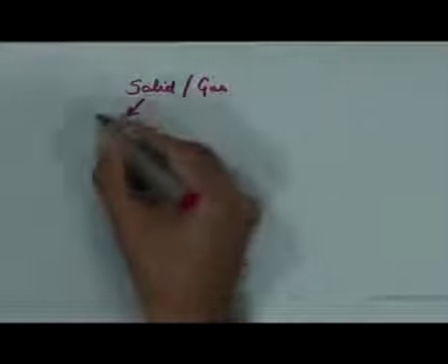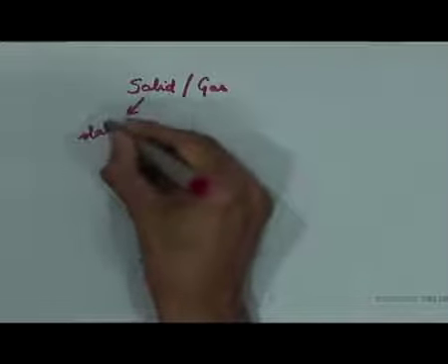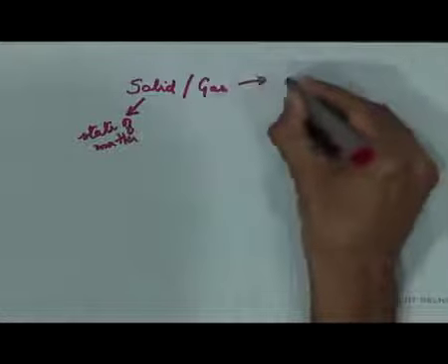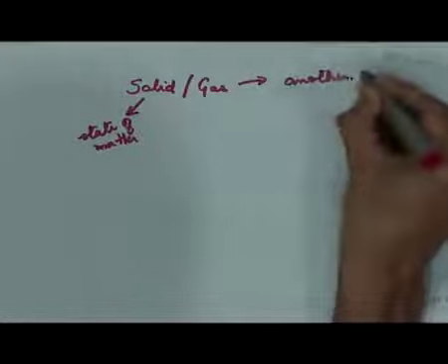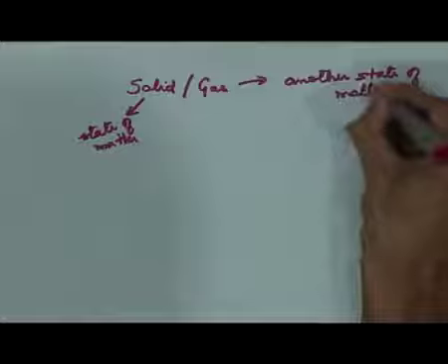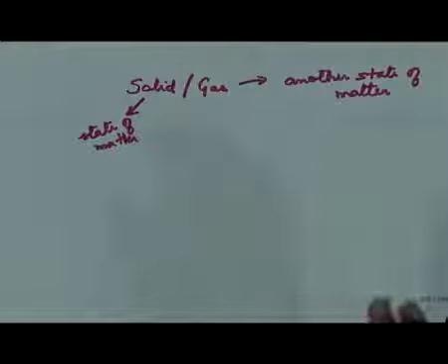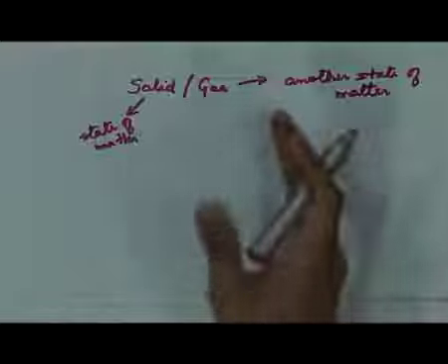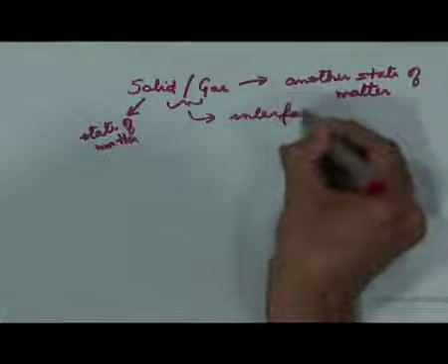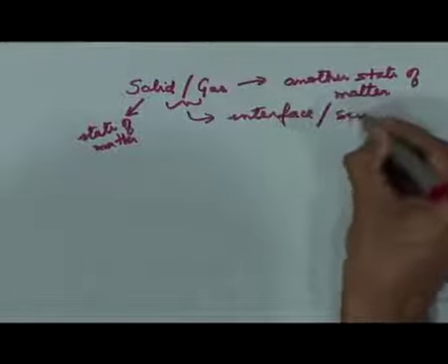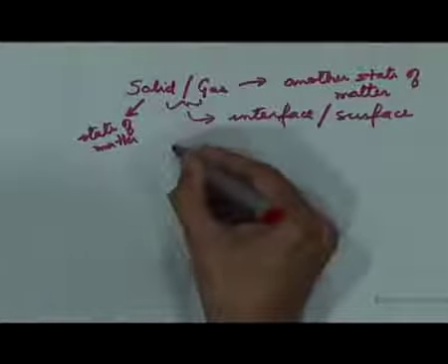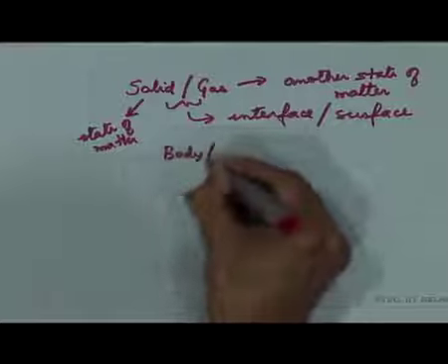Solid, as we all know, is one state of matter, and gas is another state of matter. So, any time you have a surface between 2 different states of matter, you have an interface or a surface. So, the example that we cited is any body and the atmosphere.